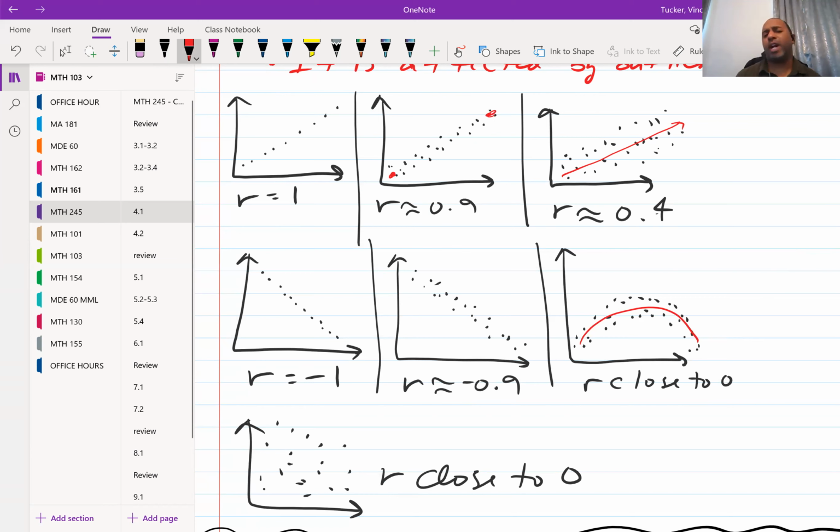I don't believe you guys are asked to do that, but if you were doing it on your own, you would take one dot that best summarizes, like maybe in the middle of it would be based on your discretion. And then from that dot, it will create a line that's like in the middle. So, yeah, I don't believe you guys are going to be asked to do that.